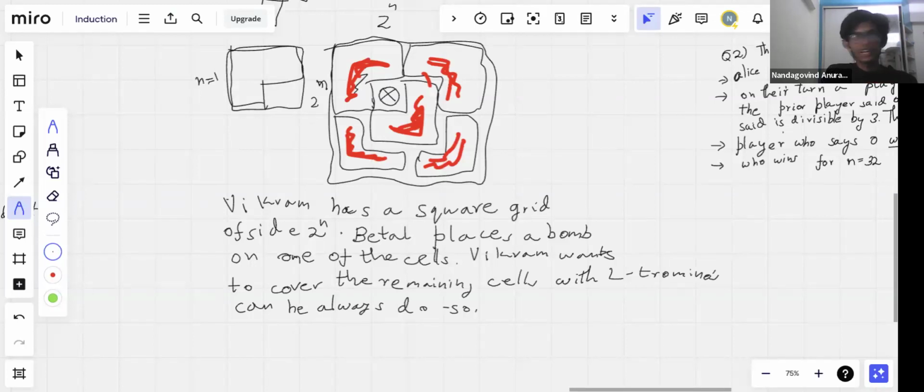L Trominos. L refers to the shape, sorry, that's bad handwriting. An L Tromino refers to Trominos specifically of this shape, as opposed to, formally, Trominos also include these ones, because a Tromino is like a domino but with 3 squares instead of 2. So this one is specifically called the L Tromino because it has the L shape, and this one's the line Tromino.